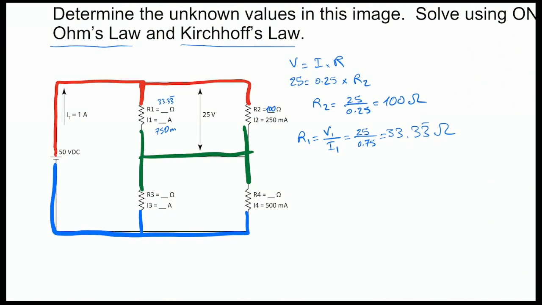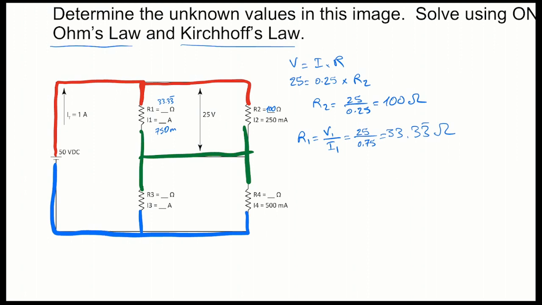Right, so what we're going to do next is see if we can make sense of the second set of resistors, which are at the bottom here. Now, do we know the voltage drop across this? All right, so first of all, the voltage drop between red and green is 25, and the voltage drop between green and blue is something that we need to calculate. But the voltage drop between red and blue is 50.